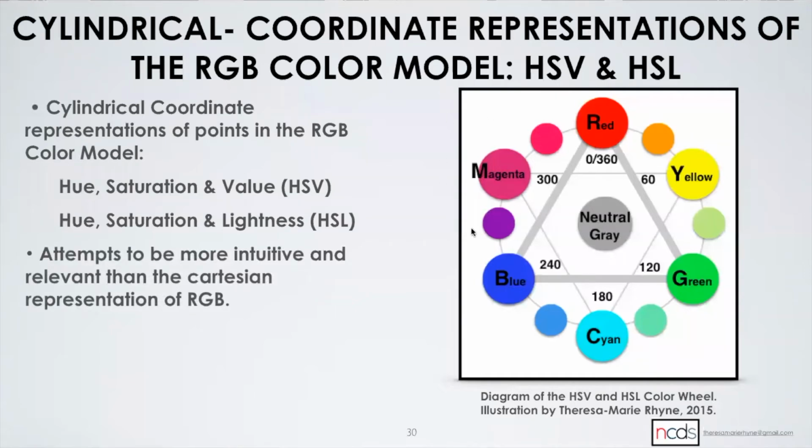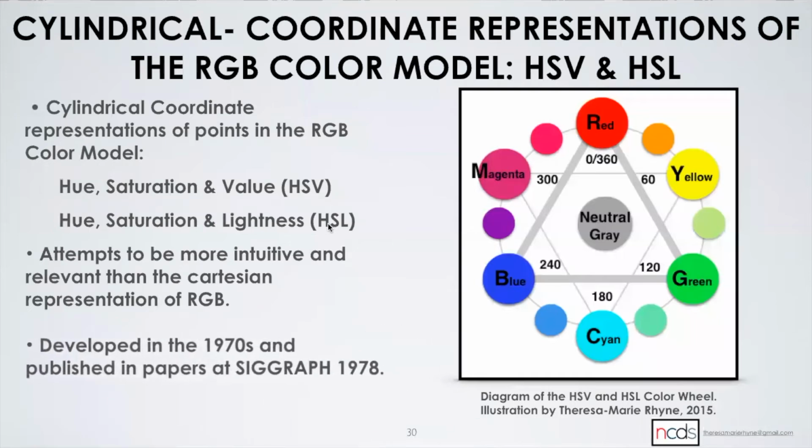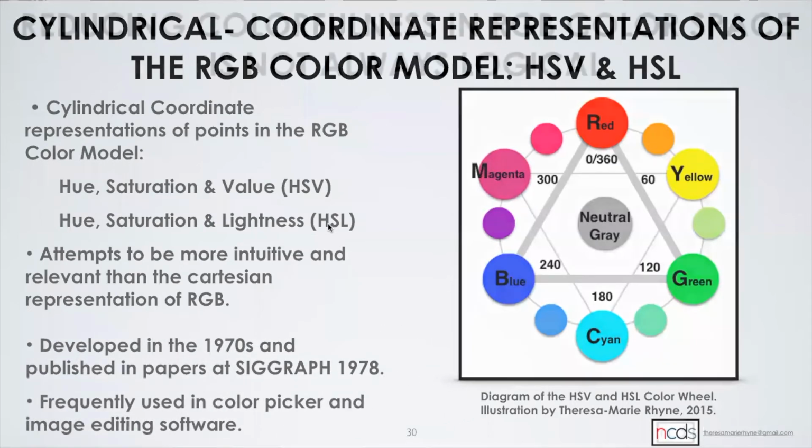In the early days of computer graphics, many of the leading researchers would go back and read older scientific publications and see how they could put them into the digital world. This is their version of hue saturation value and hue saturation lightness. It was developed in the 1970s, published in 1978.